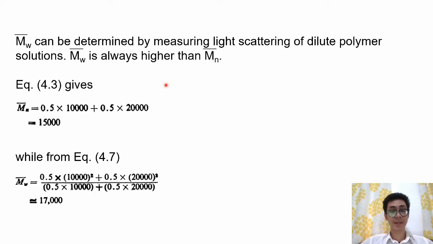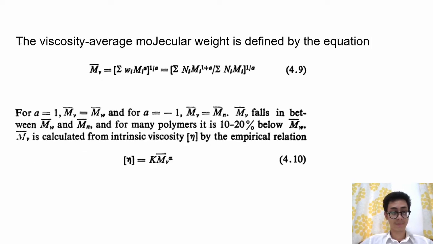Mw can be determined by measuring light scattering of dilute polymer solution. Mw is always higher than Mn. The viscosity average molecular weight is defined by the equation Mv.